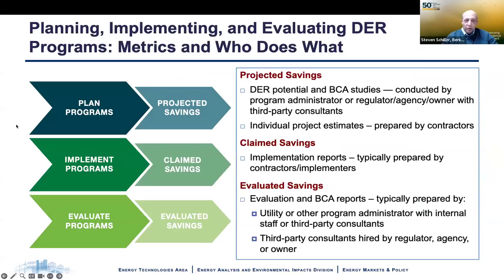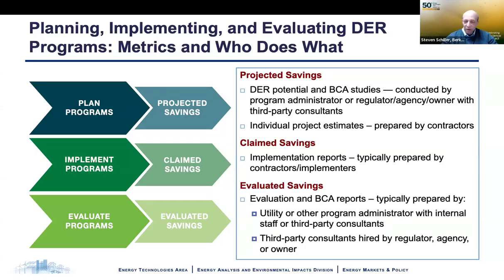What we see when we're getting this evaluation is really 3 categories of estimates, certainly associated with the impact evaluation. When you're planning the programs, you have projected savings. That's what's coming from your potential studies, whether it's individual estimates or the program overall estimates. Then as you implement the program, you get claimed savings.